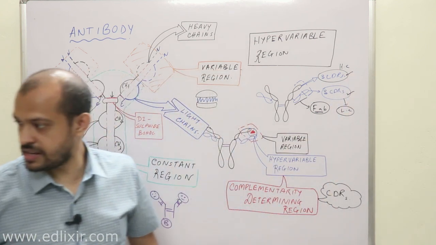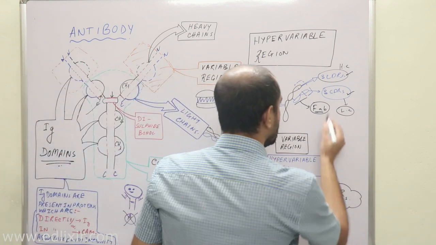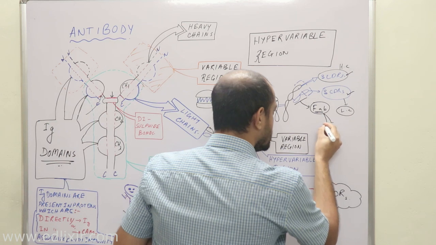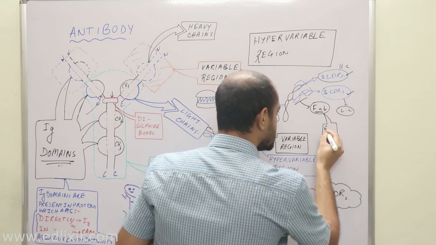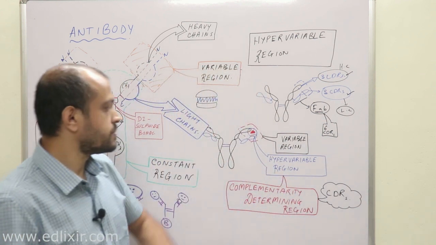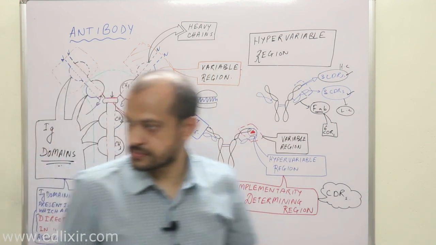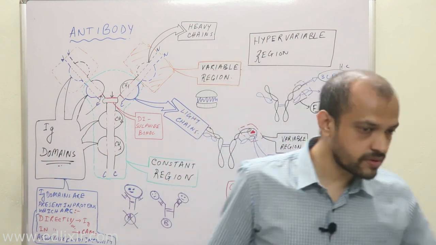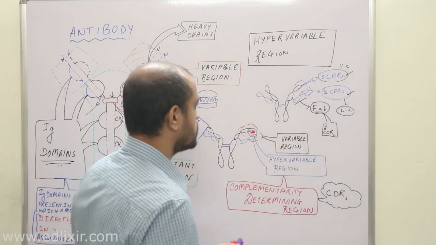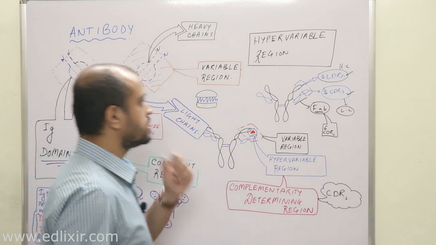Clear? That means in a single Fab there are 6 CDRs. Am I clear to everyone? There are 6 CDRs.